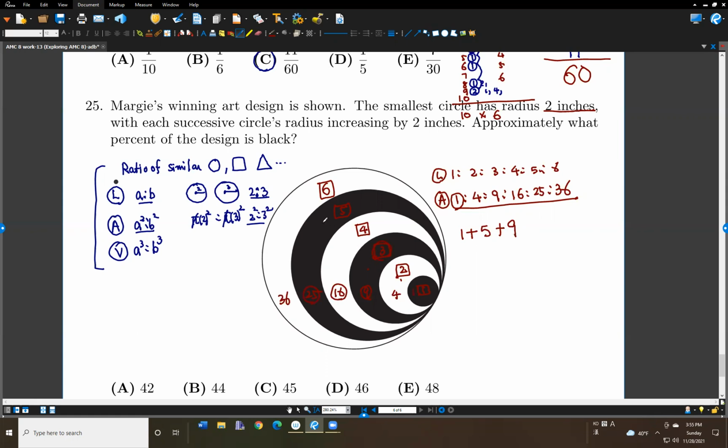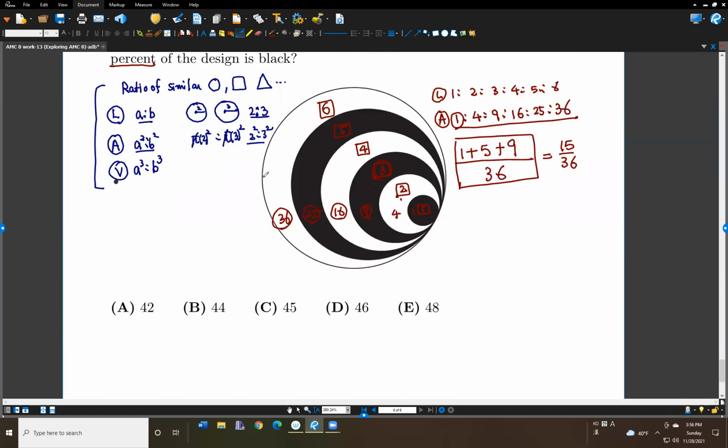That is total out of what? The entire area, just 36. That's the ratio. That is equal to 15 over 36. But can you find what percent? Now let's find the percent.